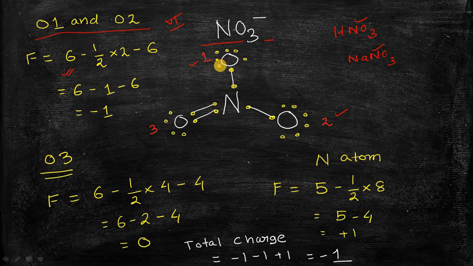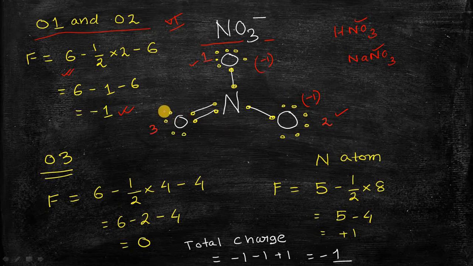And there are a total of 6 unshared electrons, so you have to subtract that also. So the final equation for formal charge is 6 minus half into 2 minus 6, that is 6 minus 1 minus 6, that is equal to -1. So each of these two oxygens contains -1 charge.